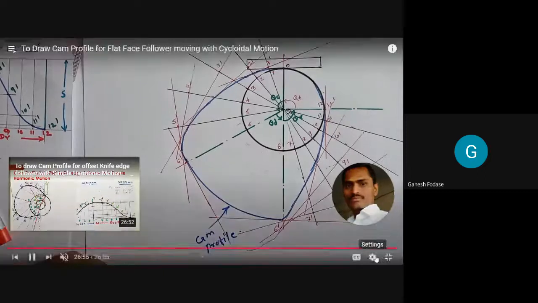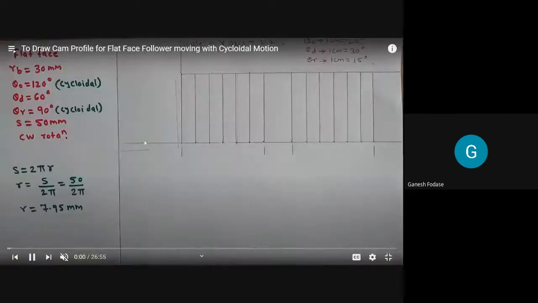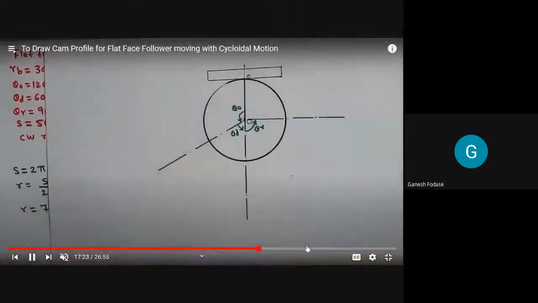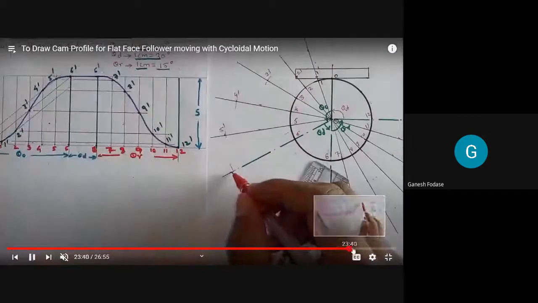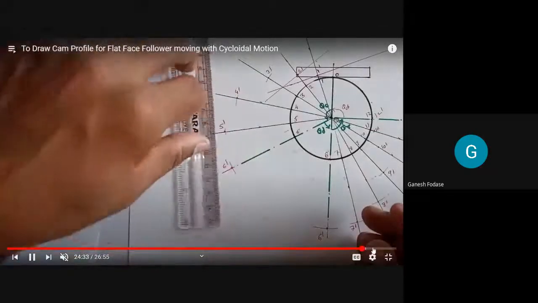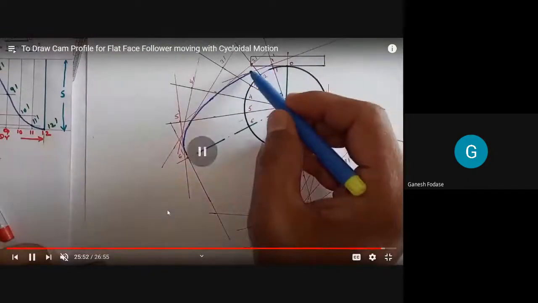So likewise, we can draw a cam profile for this. All of you get the procedure here? Understand the procedure? Yes, it is clear how to draw a cam profile when the follower is a flat face follower.